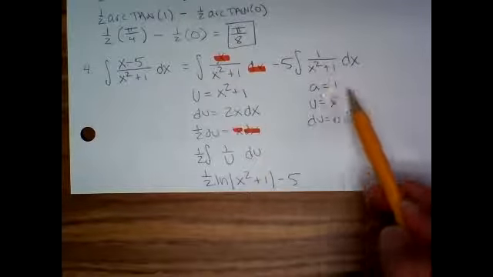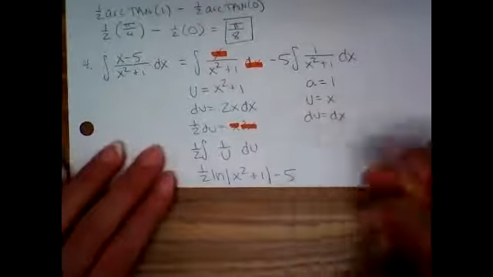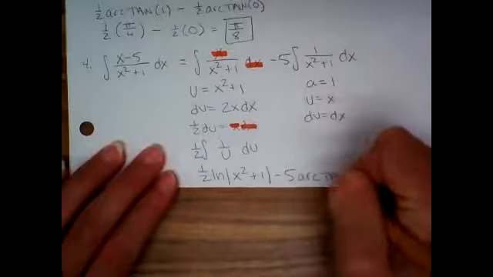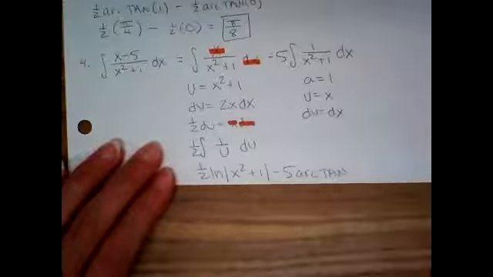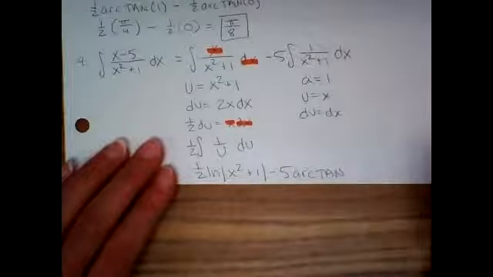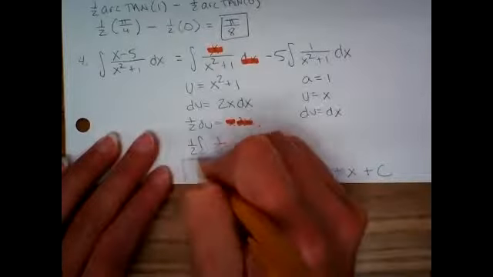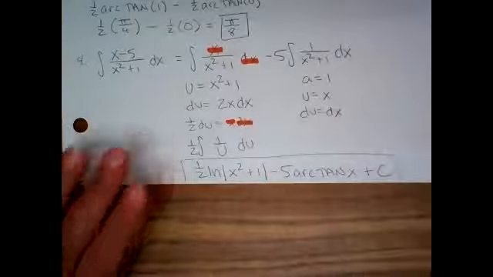How come? Yeah, it would just be 1 over 1, which some people like to write just for the pattern. I wouldn't, but anyway, it's there, but it's just 1. So -5, arctangent u over a, that would just be x over 1, which would just be x. And then plus c for the whole thing, and all of this is your answer.